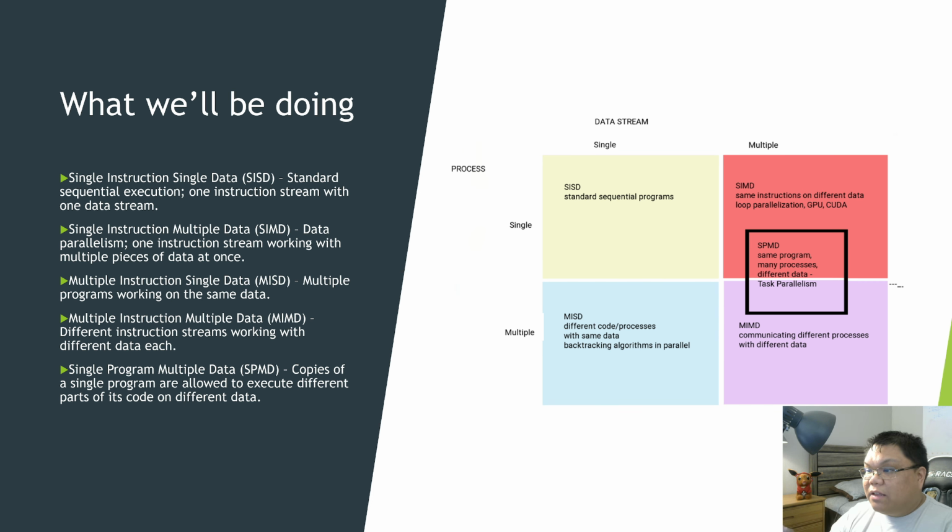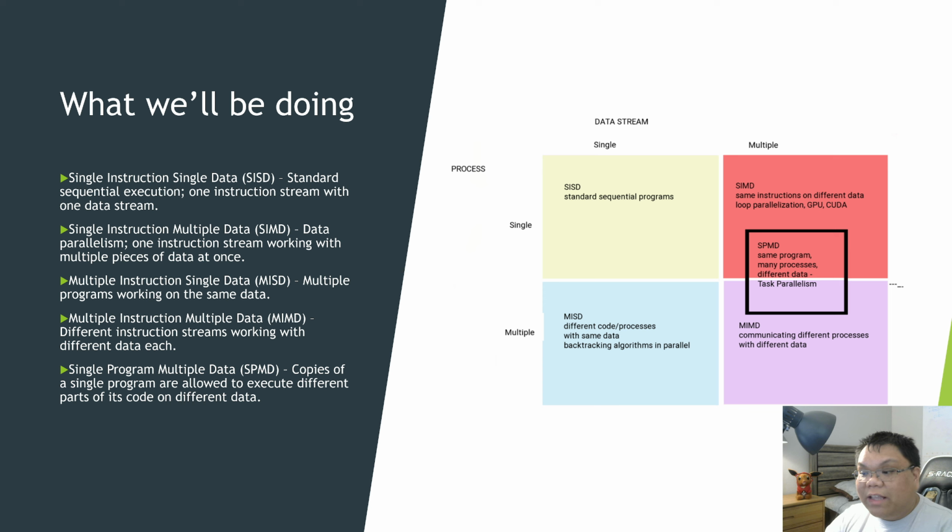So single instruction, single data, SISD, that is where we have one instruction stream, one data stream, basically your standard sequential program. In this class, we call this boring. Single instruction, multiple data, that is data parallelism. One instruction stream working with multiple pieces of data at once.